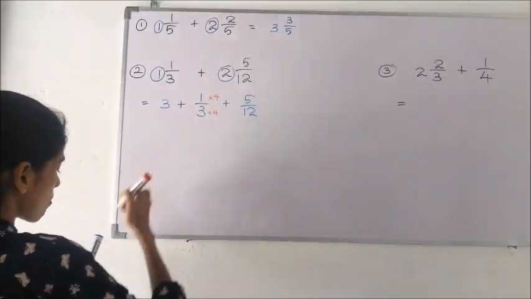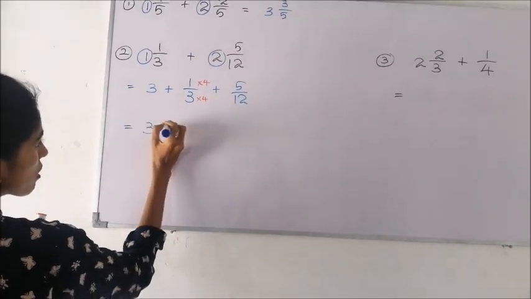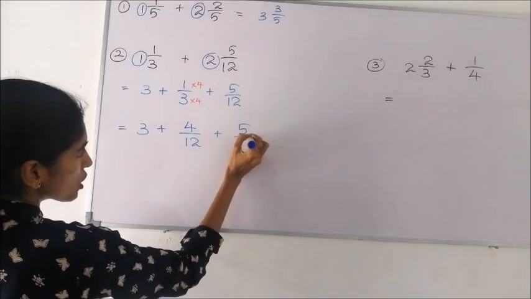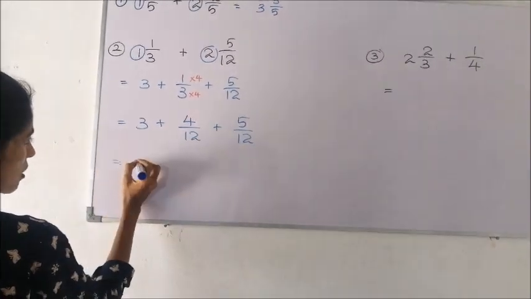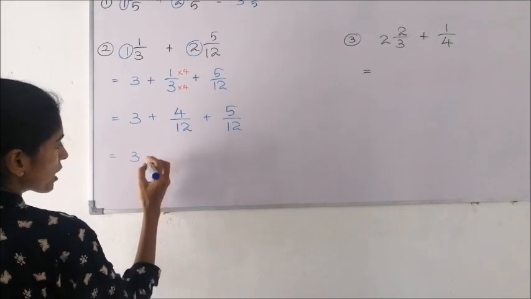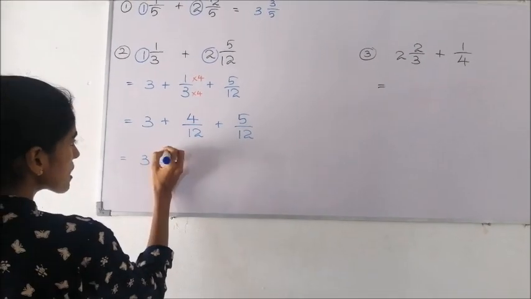Do the same thing to the numerator also. We will see 3 plus 4/12 plus 5/12. Now children, place the same whole number here. Out of 12, 4 plus 5 is 9.